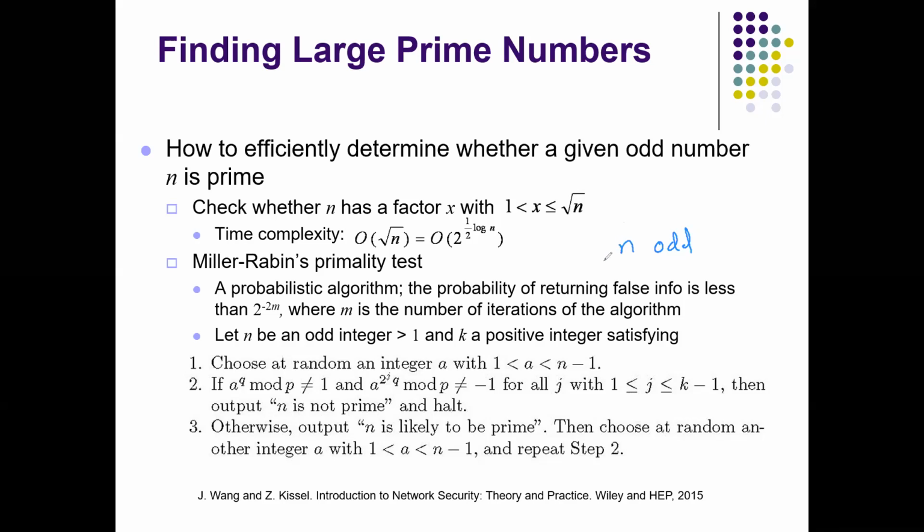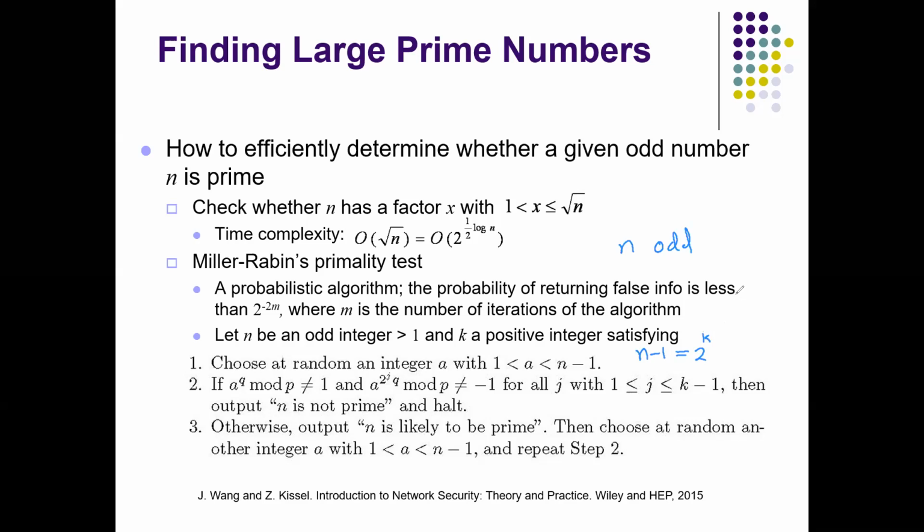So this test runs as follows. n minus 1 will be even, so you will have a factor of 2, and you'll keep getting factors of 2.